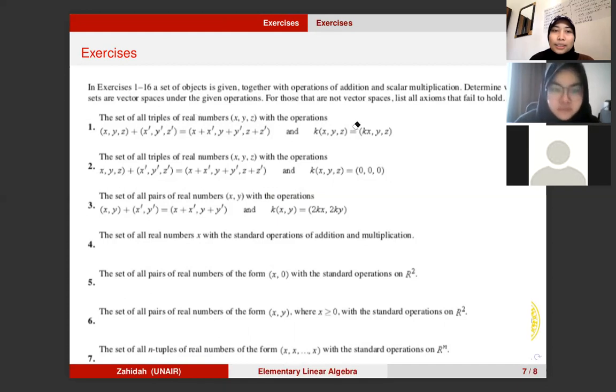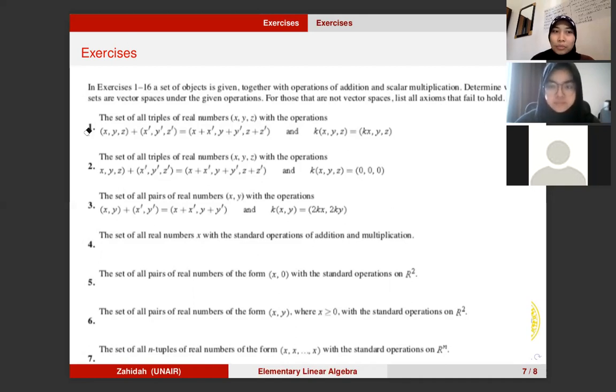From number 1 until 16, we are given a set together with addition and scalar multiplication operations, and you have to determine whether this set is a vector space. If it's not a vector space, list the axiom that fails to hold, like I said before.